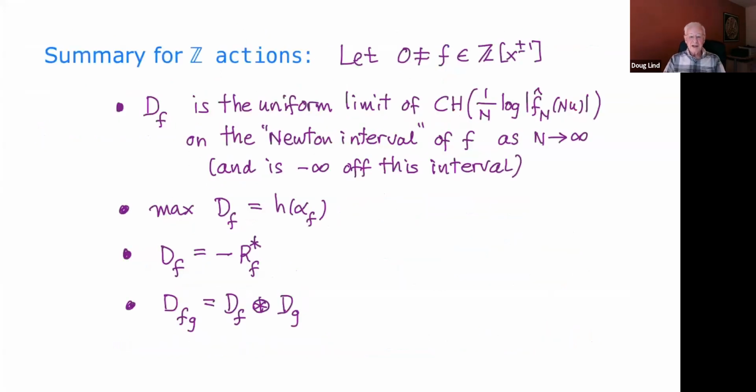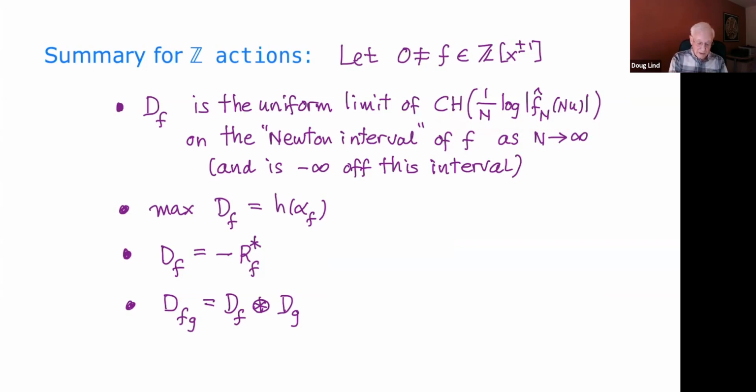So let's just summarize what we have for Z actions. So we started with a polynomial f. We got a decimation limit, which was the uniform limit of the convex hull of these renormalized things on the Newton interval, on the interval on which these things are defined, and minus infinity off that interval.